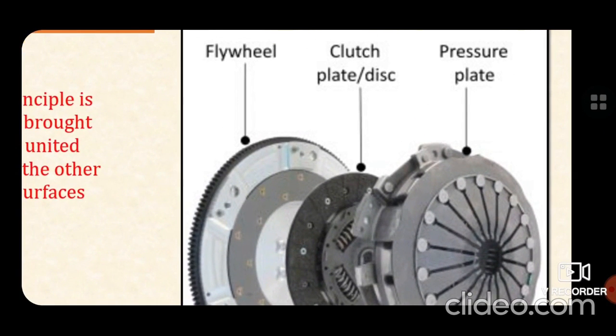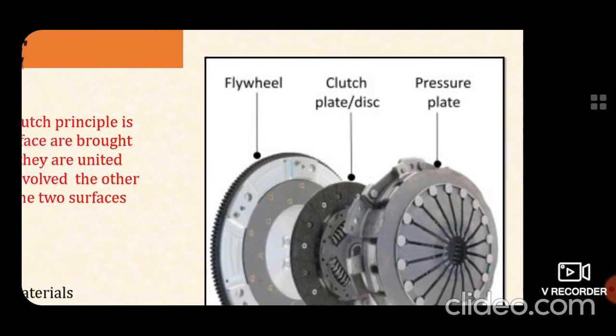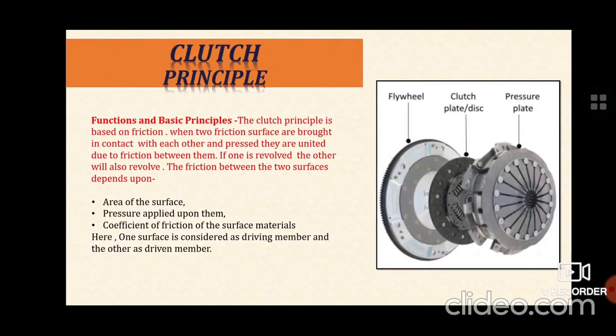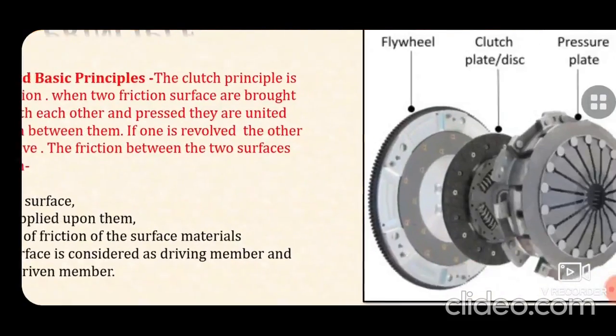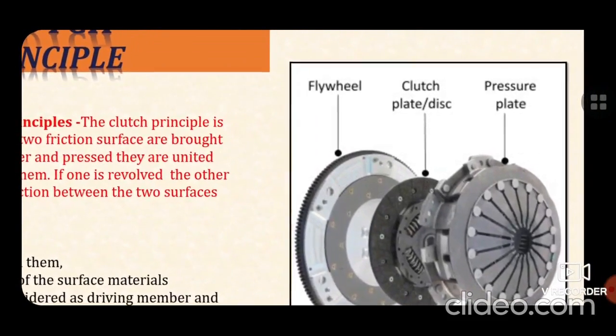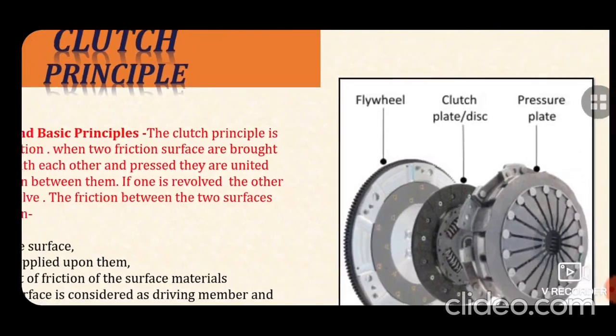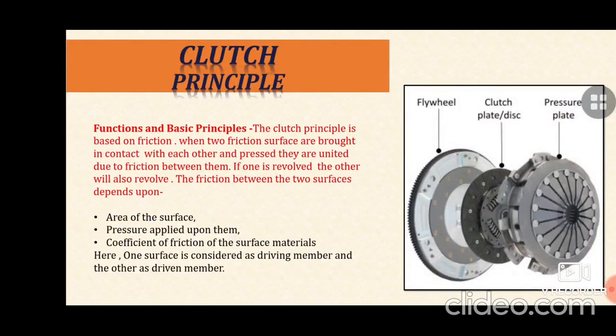In between flywheel and pressure plate, the clutch plate or clutch disc is mounted. The clutch principle is based on friction. Hence, when the clutch plate comes in contact with the flywheel by the pressure plate, then engagement between the transmission system and engine takes place.